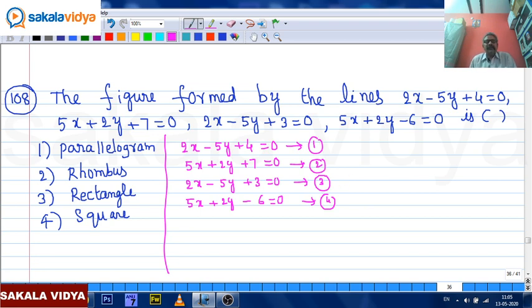So, it is clear that 1 and 3 are parallel, and 2 and 4 are parallel.